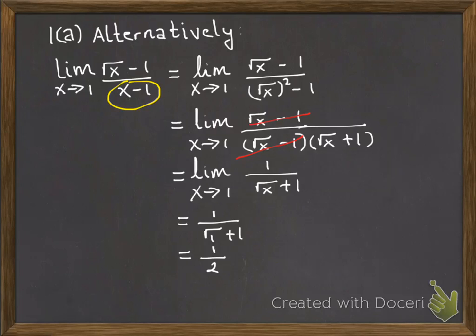One way is that x is the same as the square root of x squared, so x minus 1 is the square root of x squared minus 1. Therefore, this is the difference of two squares, so we can now factor. As a result, on the numerator we get the square root of x minus 1, and in the denominator the square root of x minus 1. So the two will cancel, and we get this expression.